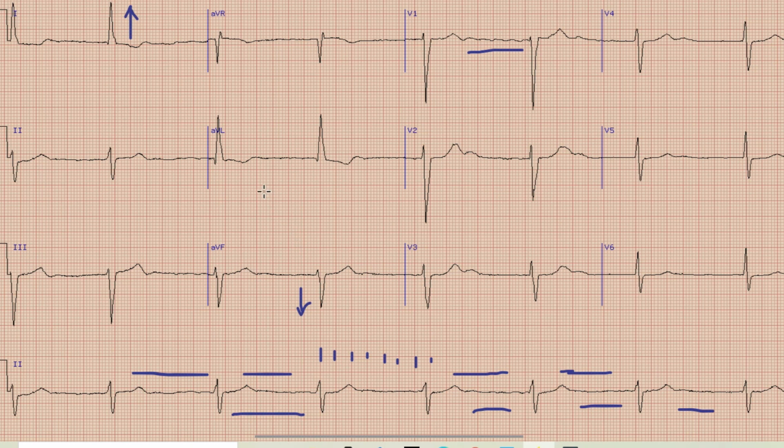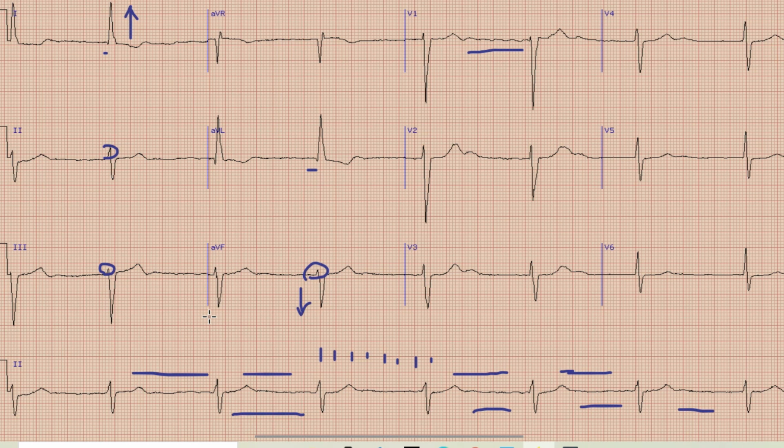Another important finding is the presence of small Q waves in lead 1 and lead AVL along with tall R waves in both of these leads. Also, you can find that leads 2, 3 and AVF have small R waves with deep S waves.